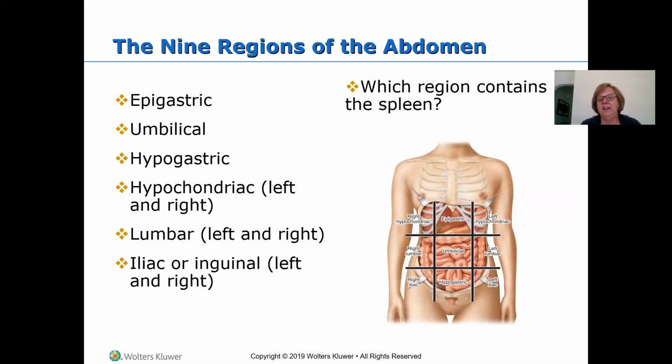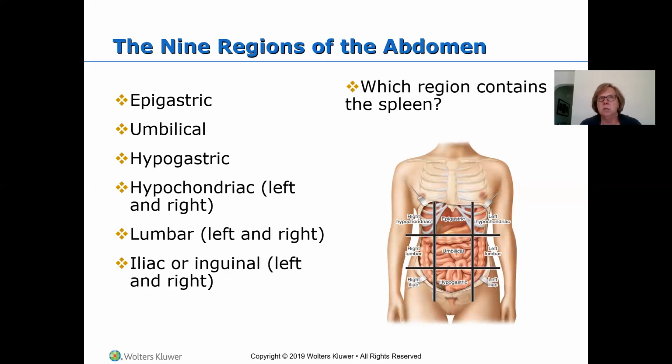You would have the right hypochondriac up at the top, just where the ribs are beginning or ending. And then you would have the right lumbar, and then the right iliac. On the left side, you would have the left hypochondriac, the left lumbar, and the left iliac.